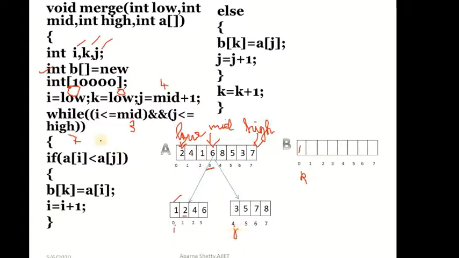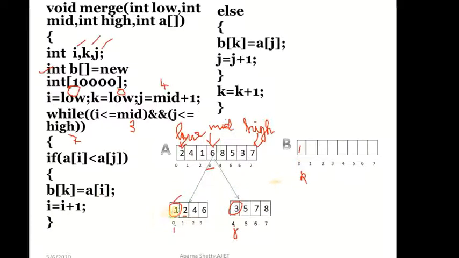Is 4 less than or equal to 7? Yes. If A of I is less than A of J, what is A of I here? A of I is 1. Is it less than A of J? Yes. 1 is less than 3. Now, B of K is equal to A of I. B of K means K is 0.